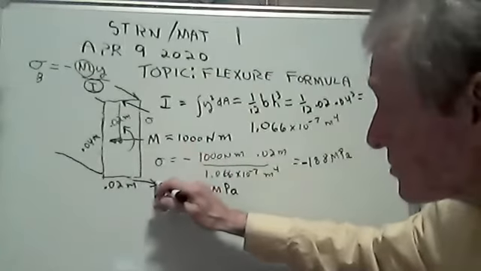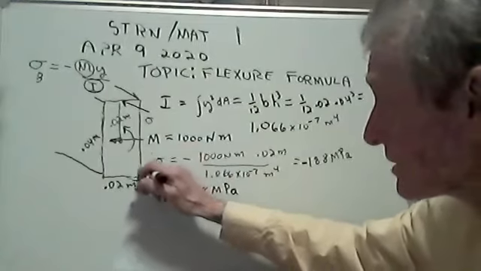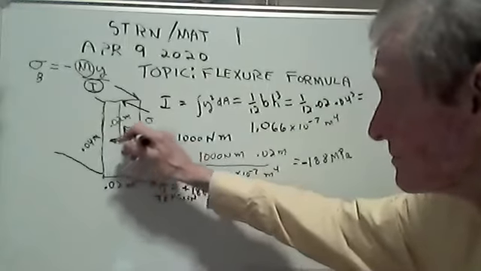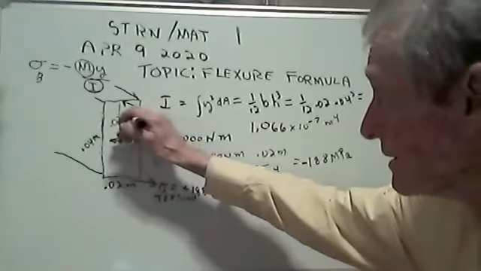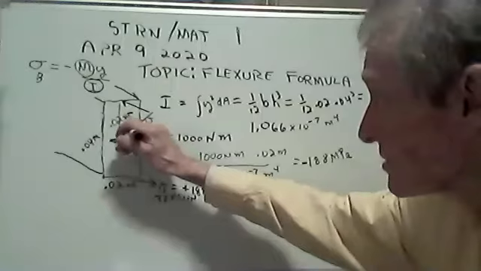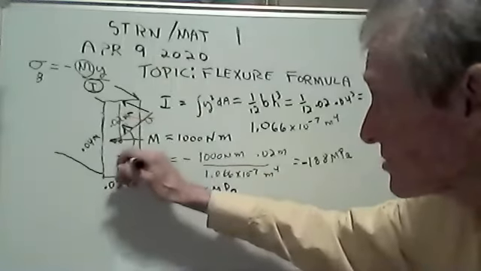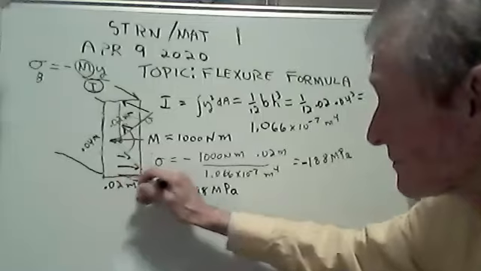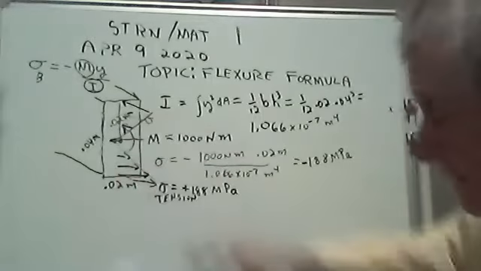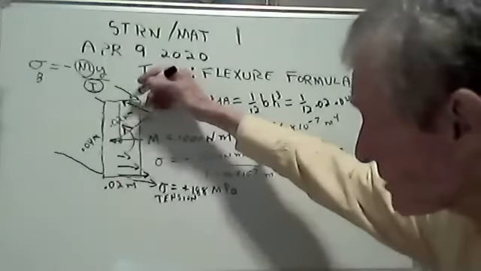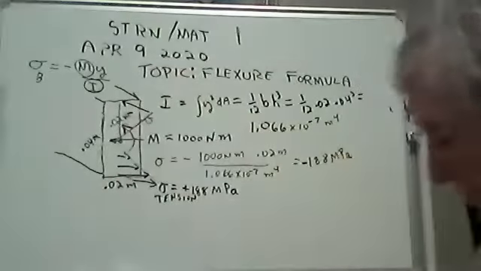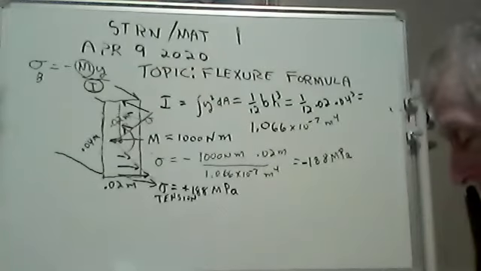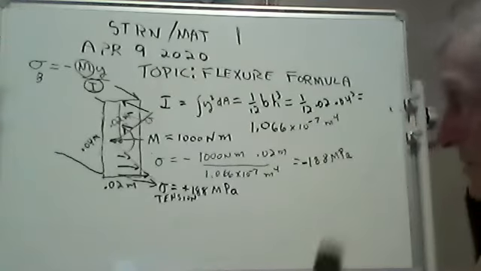And you get this distribution that looks like this. It's linear. You'll see these stress distributions in your book. Your maximum stresses on this one are at the very top and the very bottom: compression at the top, tension at the bottom.